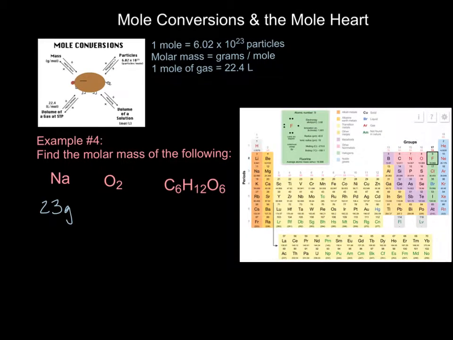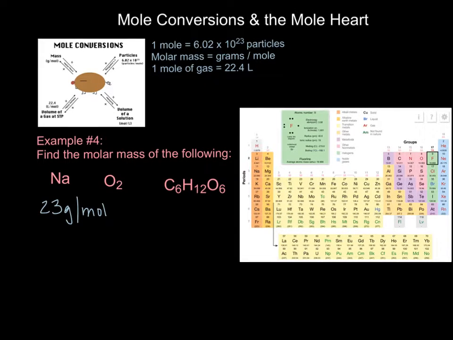So if I have a mole of sodium, which is going to be 6.02 times 10 to the 23rd atoms of sodium, it is going to actually weigh 23 grams. Or, to write this properly, the molar mass is 23 grams per mole.